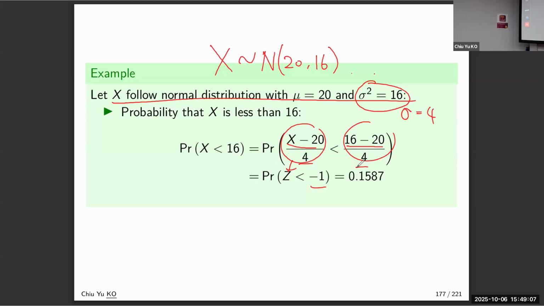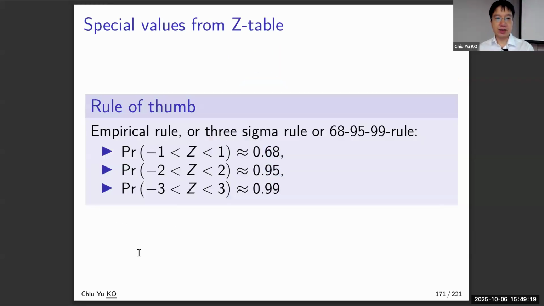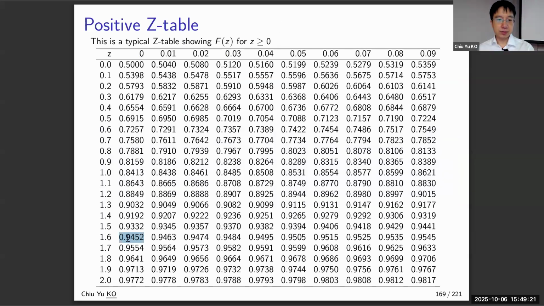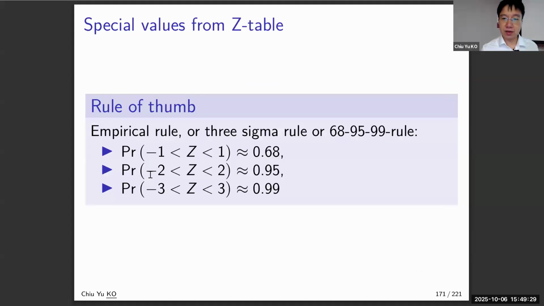Is that clear? That gives you the answer. Let me show you again how to find it. Look at the table, -1, the left-hand side area directly from the table. See this here? That's how we get this number.